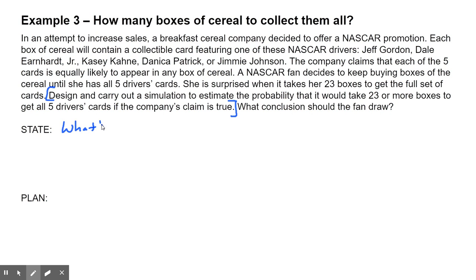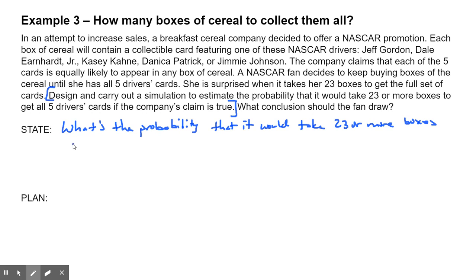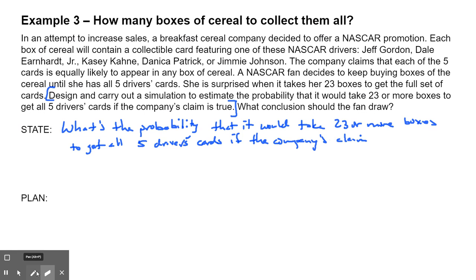What's the probability that it would take 23 or more boxes to get all 5 drivers' cards if the company's claim is true? Okay, so there we go.